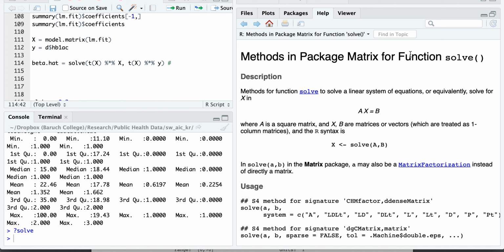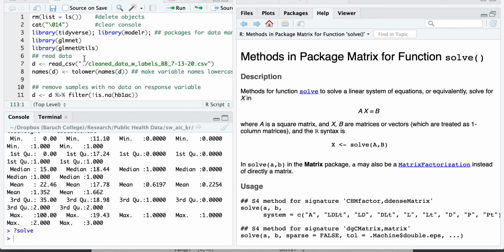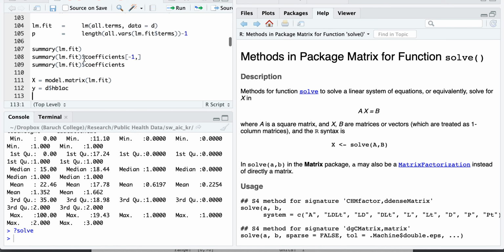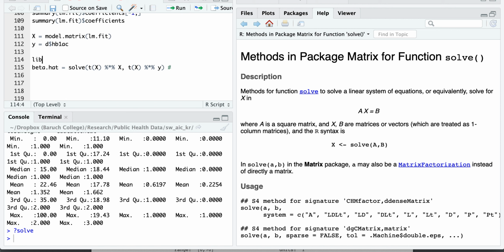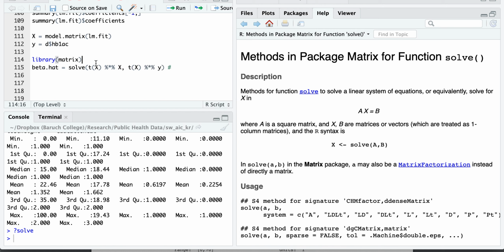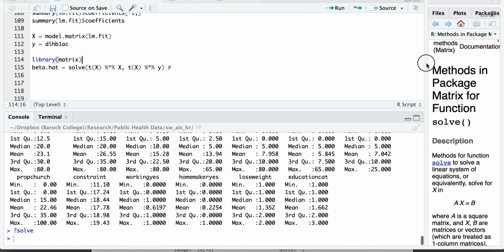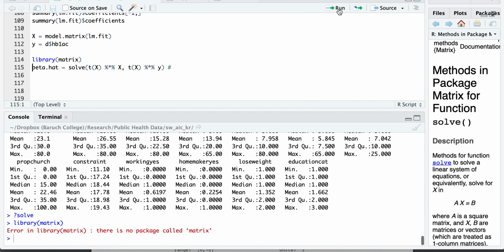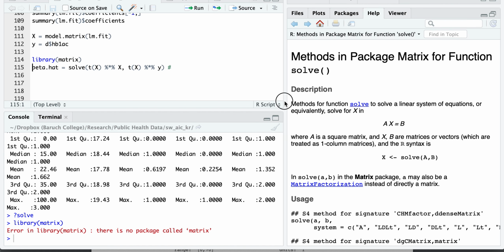Okay. And what package is it in? Matrix. So just make sure, have I loaded matrix? No, so just put it there. Library matrix.